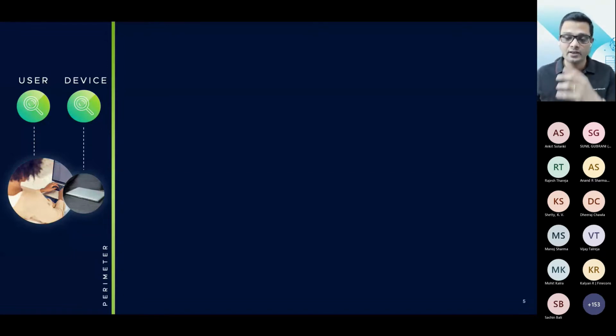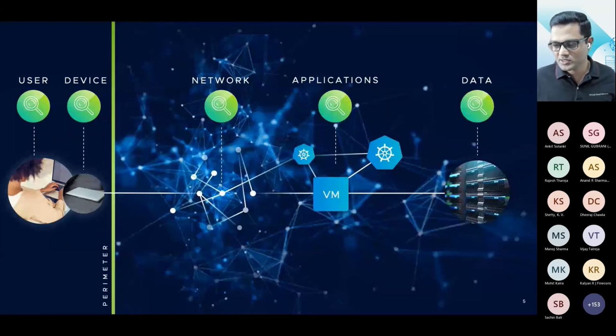From physical servers, they became virtual machines, and now we are breaking those virtual machines down into microservices, to Kubernetes clusters, to containers. So this application layer is now getting broken down, and then obviously the data, the critical, the most important element of your data center. So when you have all these elements in your data center, how do you actually take care of lateral security? That's what I'm going to talk about.